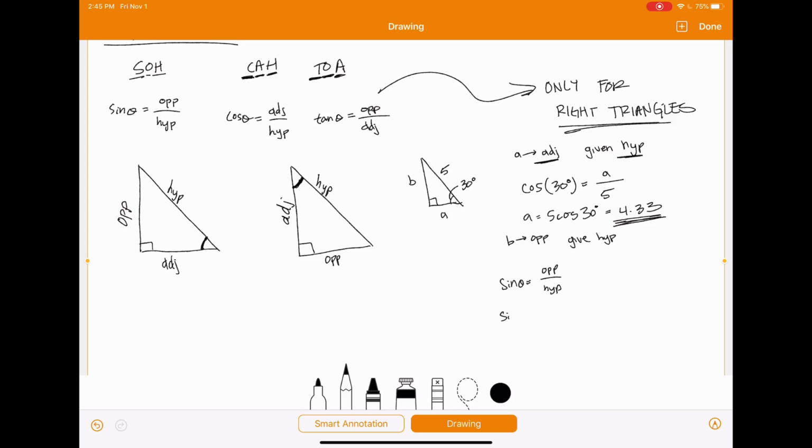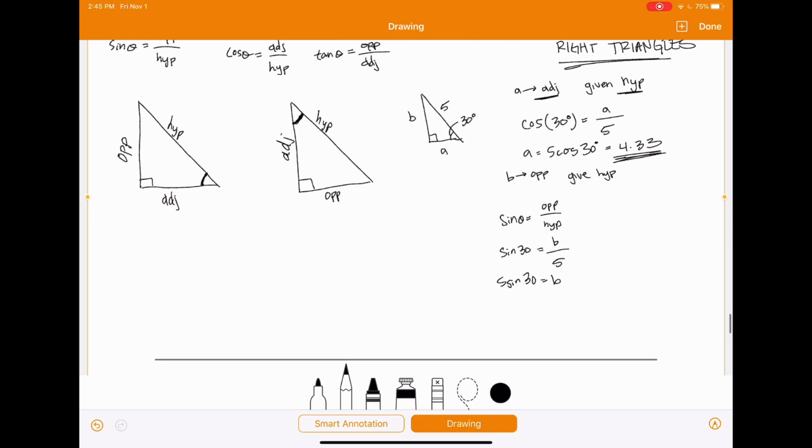So sine of 30 equals opposite, which is what we're looking for, so B, over hypotenuse, which is 5. Multiply both sides by 5. 5 sine 30 equals B. So B is going to end up equaling 2.5. All right, and that's how you would find side A and side B.